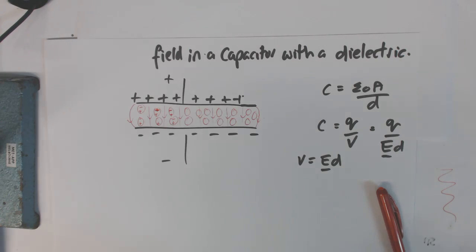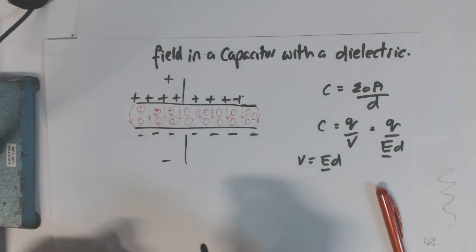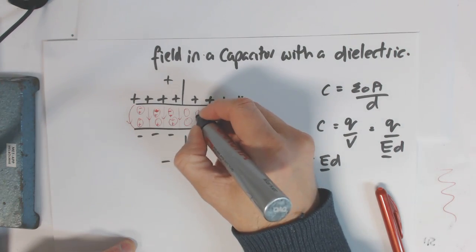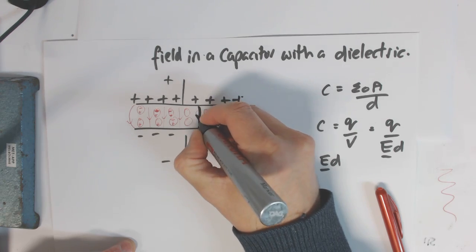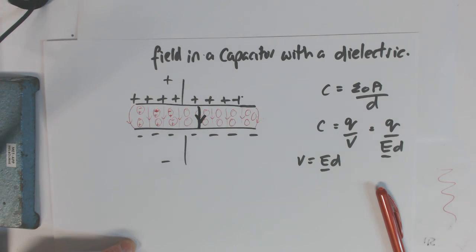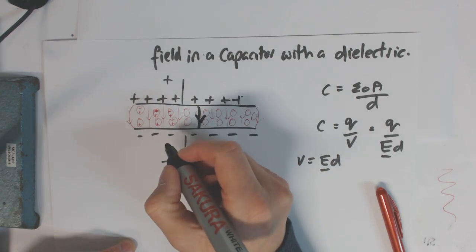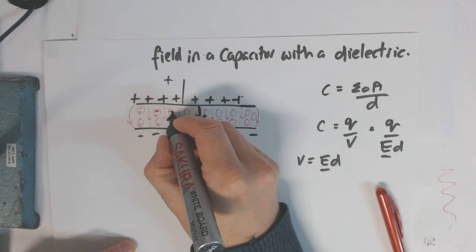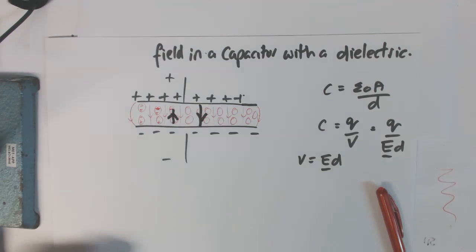What kind of field does that produce though? That then produces its own electric field, and you'll notice that the electric field there, positive to negative, so the main electric field from the capacitor goes that way, and the electric field from the dielectric goes that way. It's like a diode.